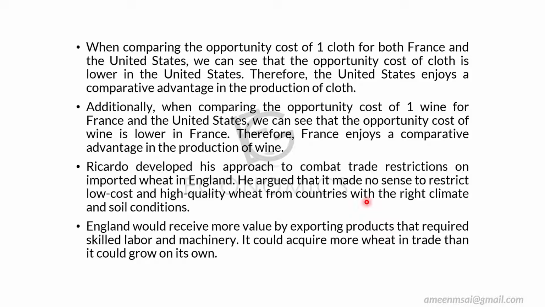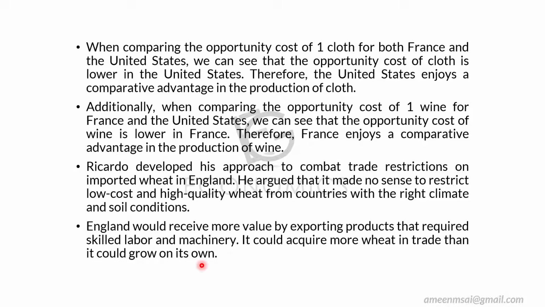Why should we restrict the importing of wheat? The wheat that we import is of low cost and high quality, which comes from countries with better climatic and weather conditions in producing wheat. England would receive more value by exporting products that require skilled labor and machinery. It could acquire more wheat in trade than it could grow on its own.